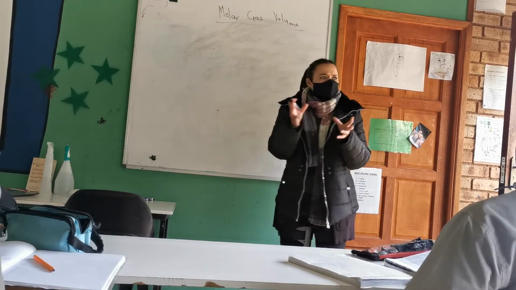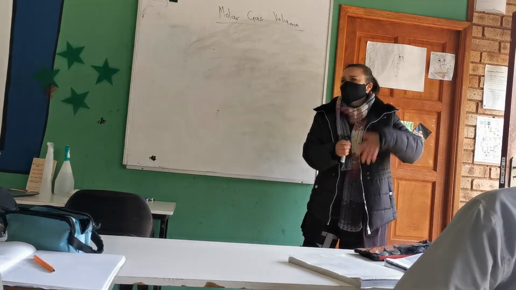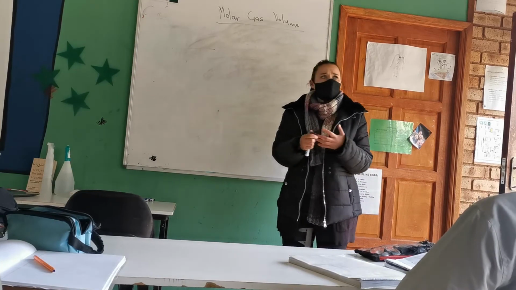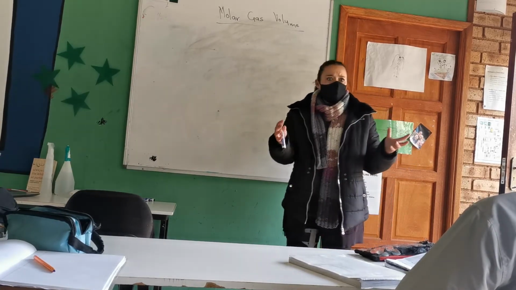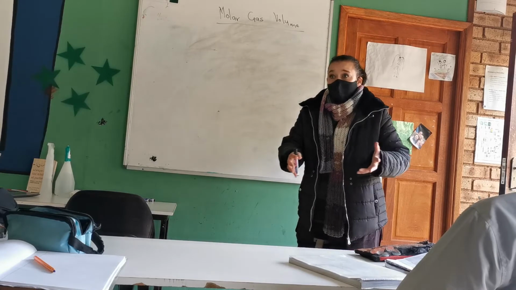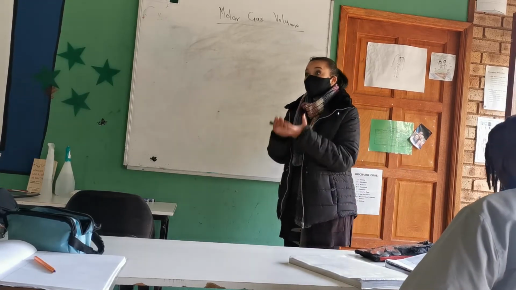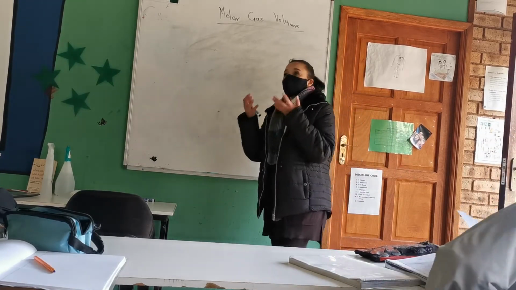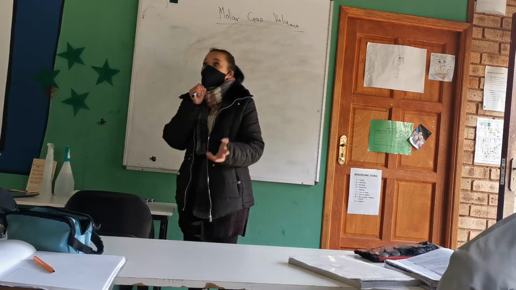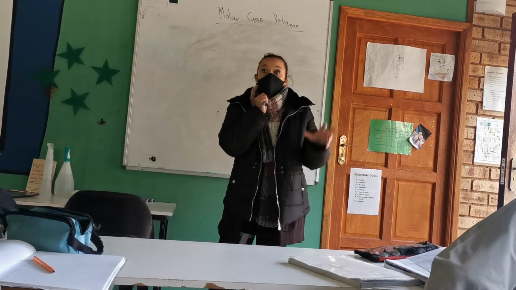Sometimes we have liquid measurements like milliliters. Sometimes we have distance measurements like centimeters or meters. But volume tends to refer to the amount of space that is taken up, which means it is a three-dimensional measurement.